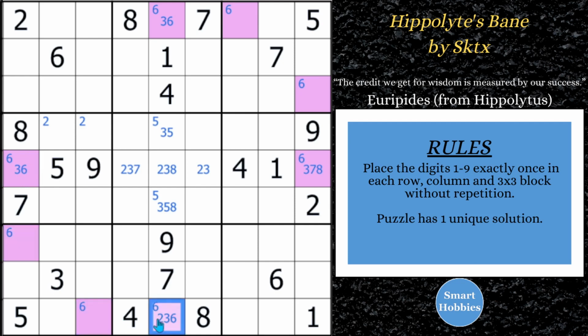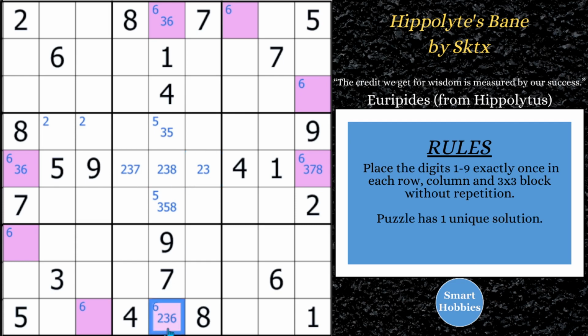Now you have a weak link to this 6 in here and another weak link to the 2 because within a 3-candidate cell, you have a 2, it's a weak link because there's 3 candidates in there instead of 2. And then you have a strong link up to this 2 because there's only 2 2s in column 5. Then a weak link to this 2. And then you go right back to the strong link to the 3. So this creates a discontinuous loop.